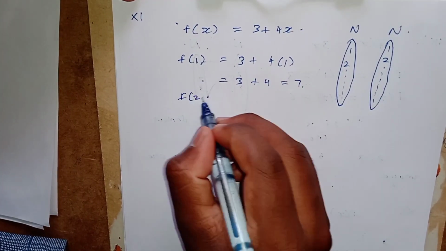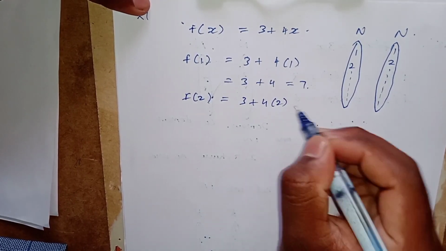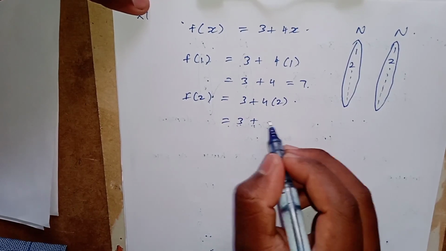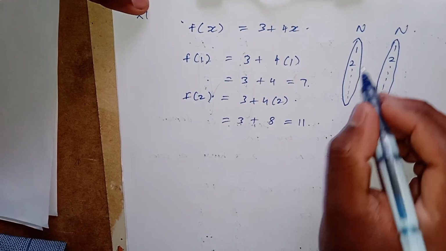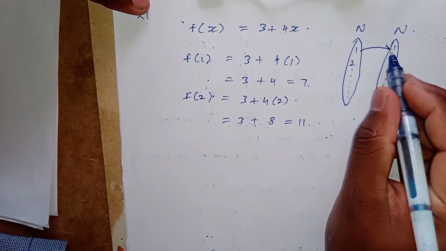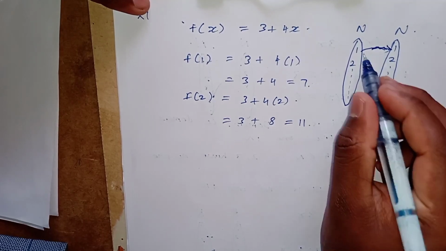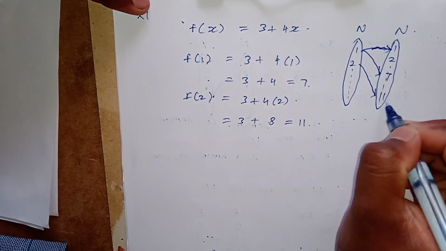Next, f of 2. Here 3 plus 4 into 2. 4 twos are 8. 8 plus 3, you will get 11. Therefore for 1 you are getting 7, and for 2 you are getting 11.